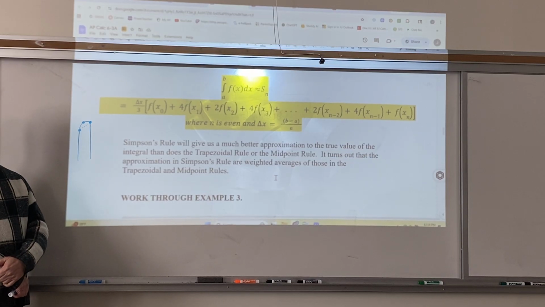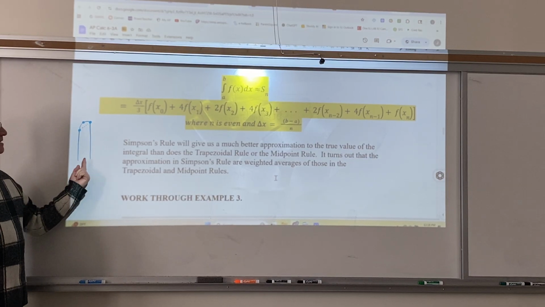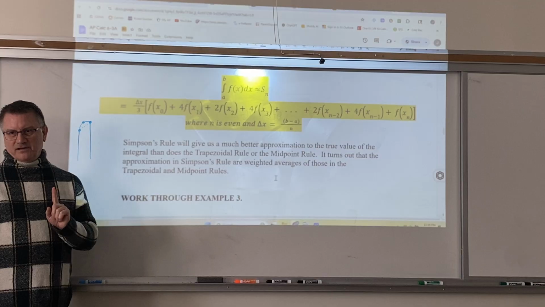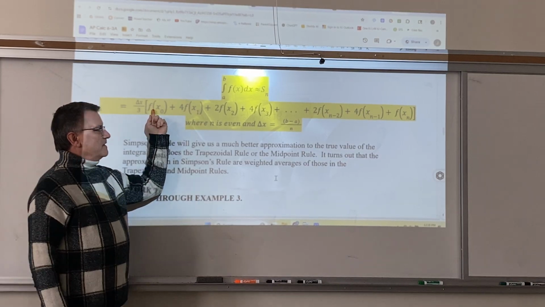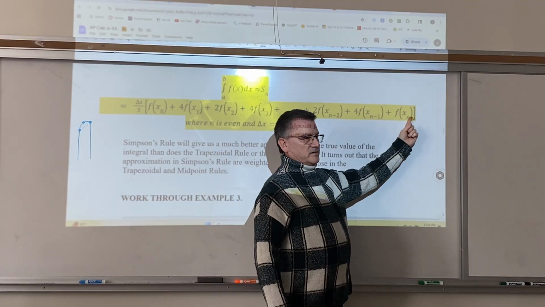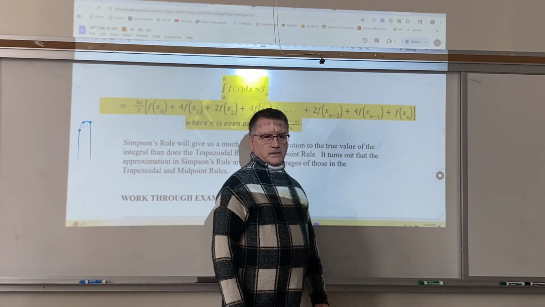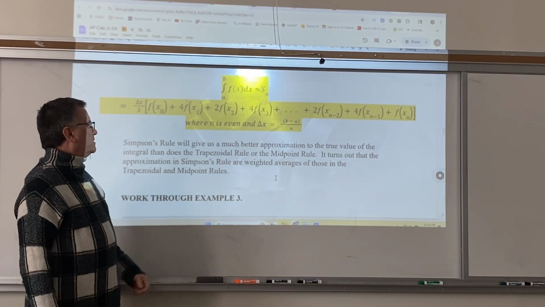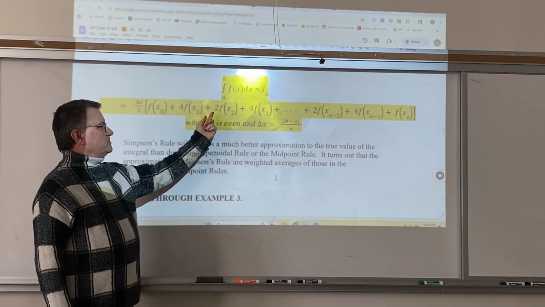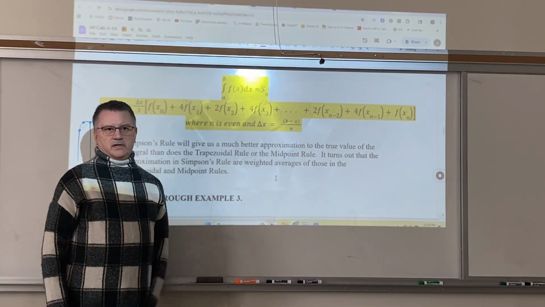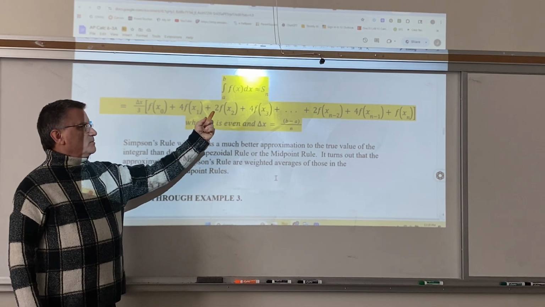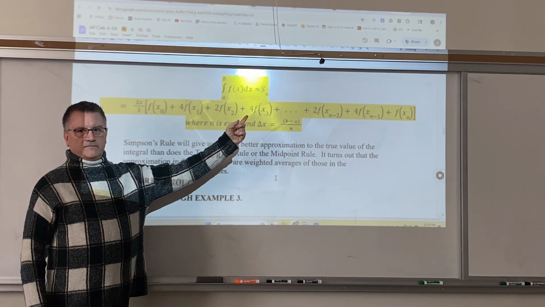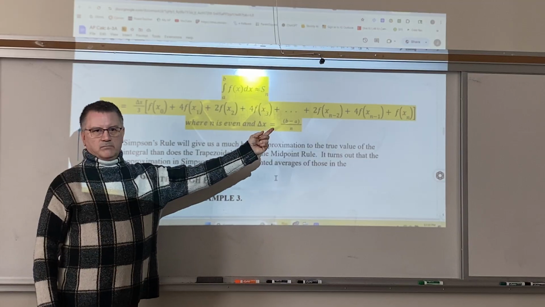And then, here's what you have to do. The first one gets used once, the last piece gets used once, just like trapezoids. But with trapezoids, you have everything 2 times, 2 times, 2 times. Here we alternate: plus 4, plus 2, plus 4, plus 2, plus 4, plus 2, plus 4, plus 2, plus 4, plus 1.